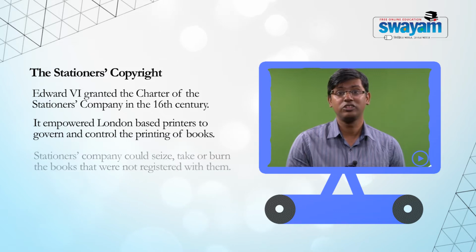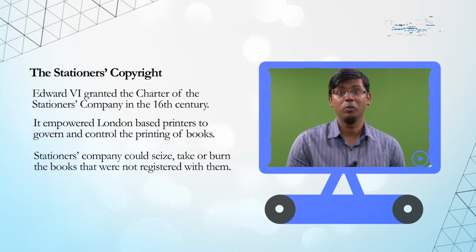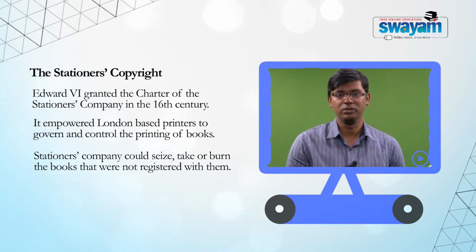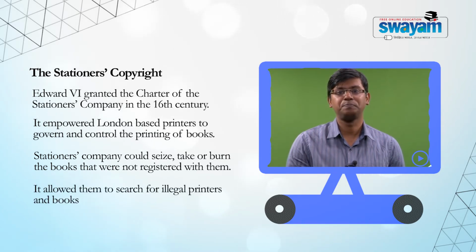Instead of the royalty or the church getting involved directly in the process of censoring books, you had the Stationers' Company controlling what gets published and what gets distributed. It allowed them to search for illegal printers and illegal books. Largely, powers were granted to the Stationers' Company to go to places, do searches, and if they found an illegal printer or a book that was not allowed to be printed, they could confiscate it.